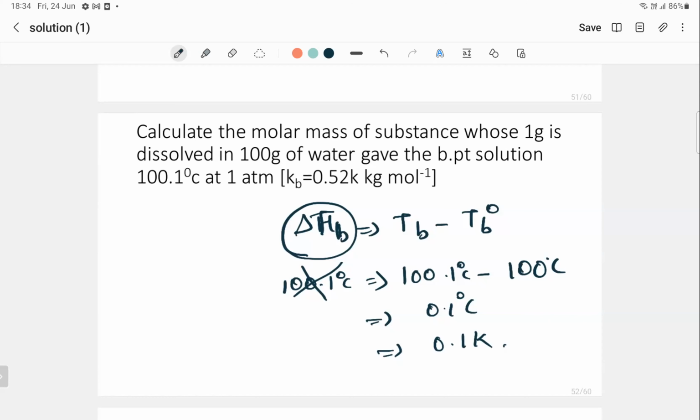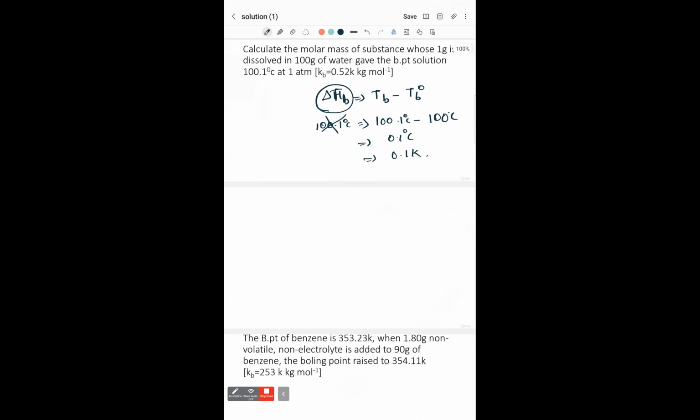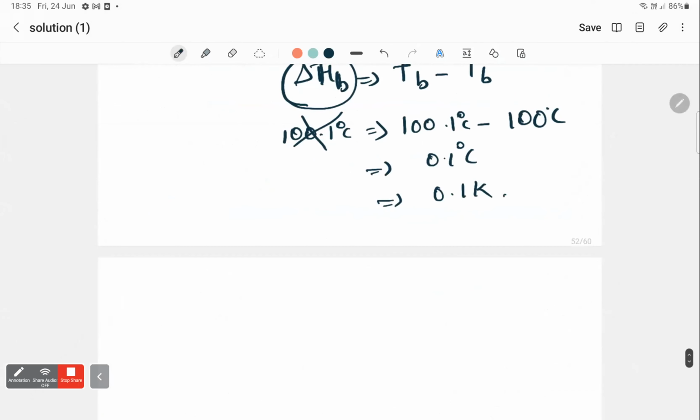Clear. See, elevation of boiling point can be done directly here. But look at the problem: the boiling point of the solution, the vapor pressure of the solution, everything will be in terms of P1, P like that. So now you can carry over. You follow everything, correct? Do it.